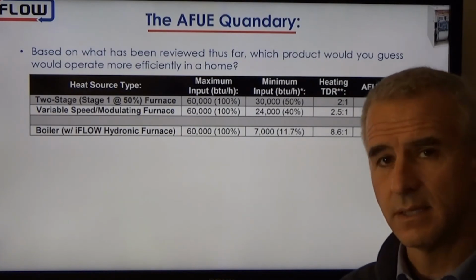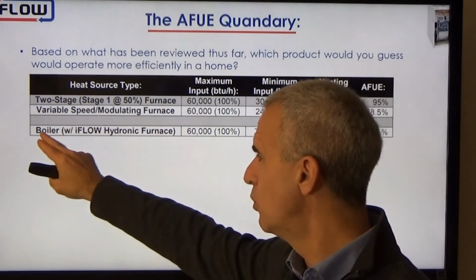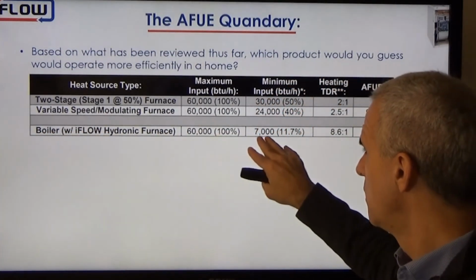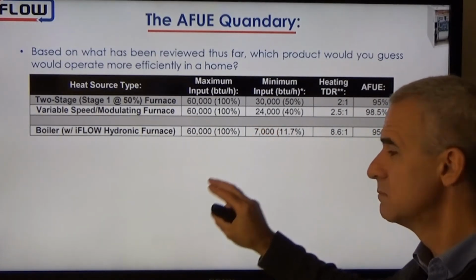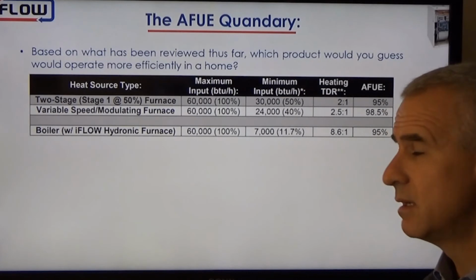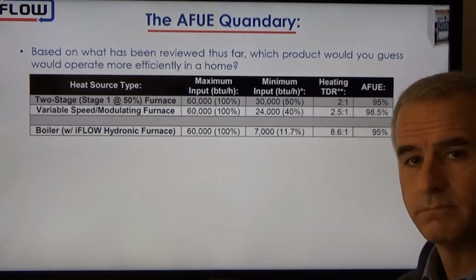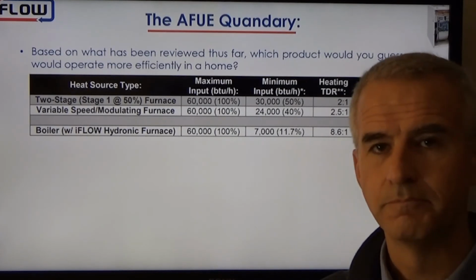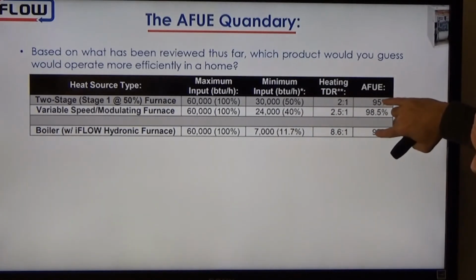And then I've selected a boiler. For this application, I'm going to put in a 60,000 BTU boiler, and I'm going to pair it with an iFLOW. That boiler has a minimum input of 7,000 BTUs, 11% of maximum, for an 8.6 to 1 turn down ratio, with a 95% AFUE.